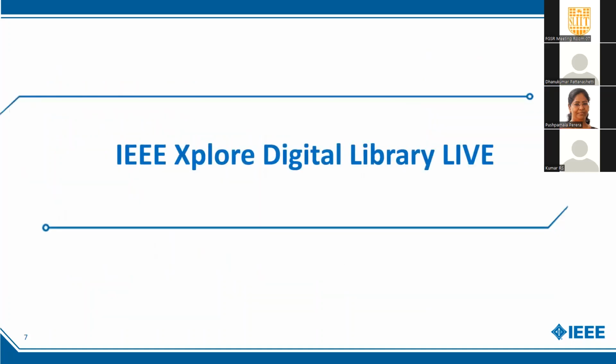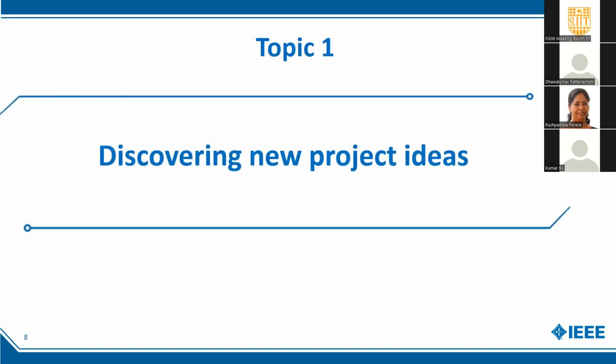So going on to the IEEE Xplore Digital Library Live, topic number 1, discovering new project ideas. I see a question here: can I access articles remotely? Yes, you can access articles remotely. Just reach out to the SLIIT library or go to the SLIIT library webpage.